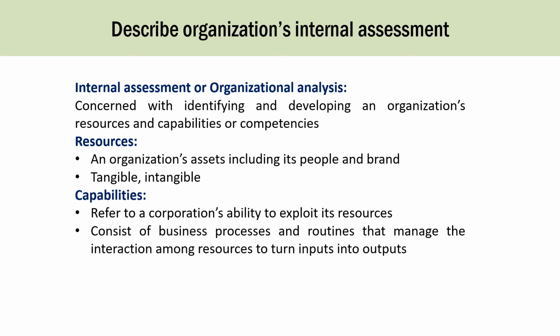Resources refers to an organization's assets, including its employees and brand. Capabilities is the firm's ability to exploit its resources, and this consists of business processes and routines that manage the interaction among resources to turn inputs into outputs.